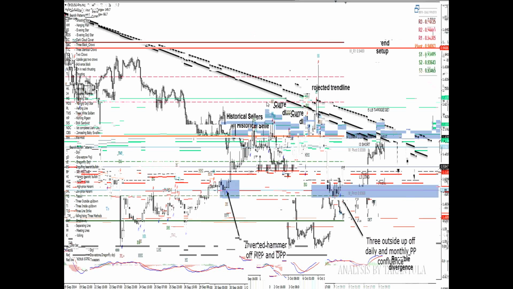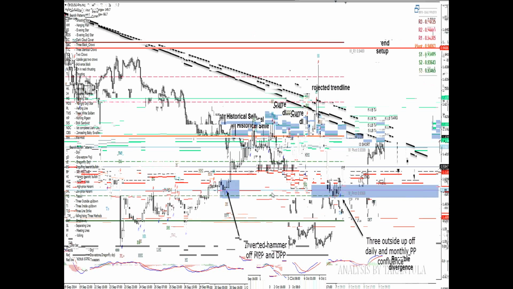Now this is the other example which I was talking about, and you can see in this example that weekly resistance, weekly pivot points, monthly resistance, and daily pivot points can create significant confluence with candlestick patterns.